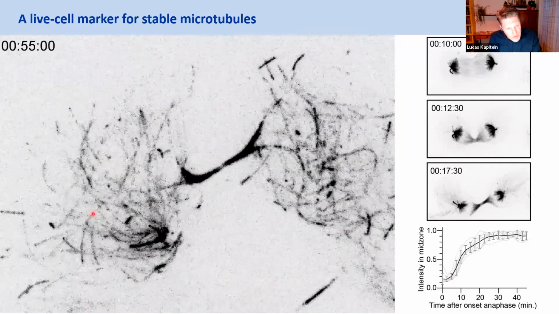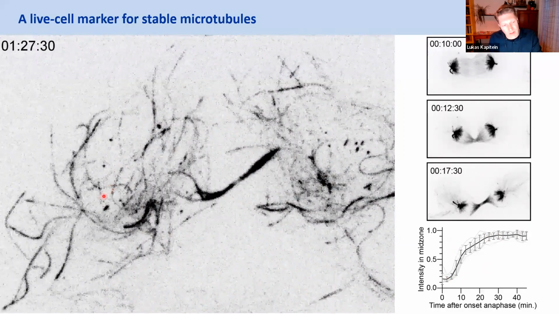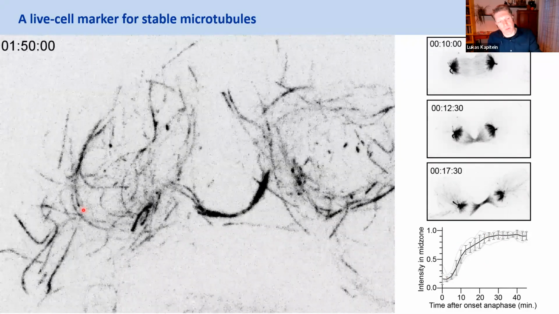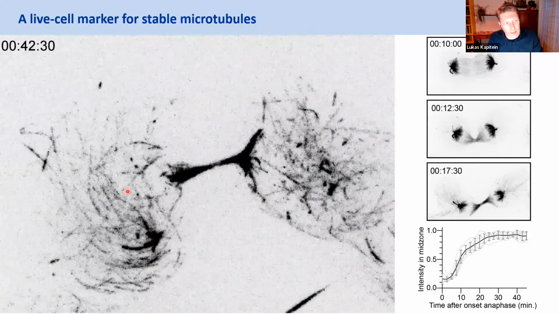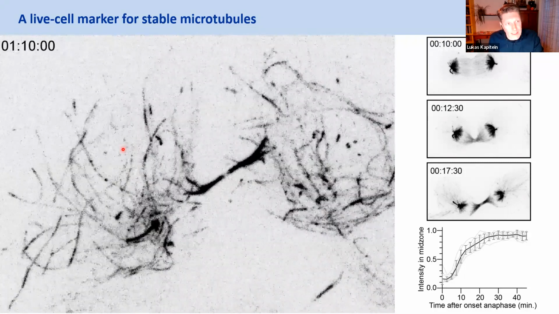We also see that when the cells enter interphase again, we get this very stereotypic interface area of stable microtubules. So I hope this tool will be widely used by the community, and you can also find it on Addgene.